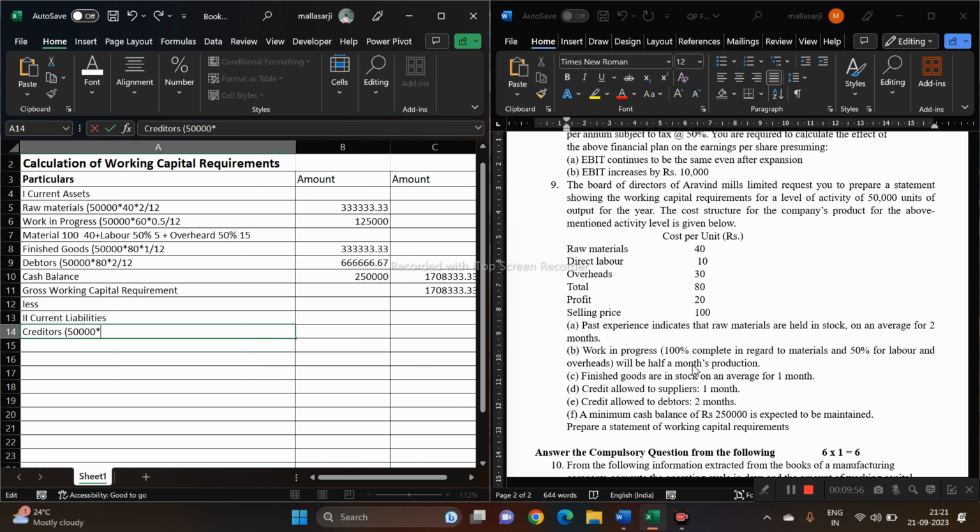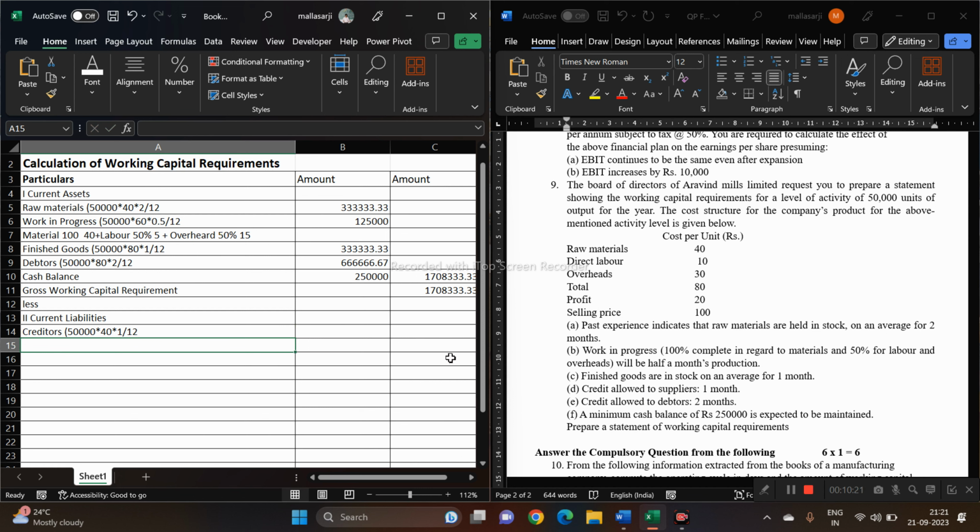What is the credit allowed by suppliers? 1 month. And from the supplier we are purchasing the raw material only, so we should take the raw material cost per unit. The raw material cost per unit is 40 rupees, and suppliers allow 1 month credit, so 1 month out of 12 months.